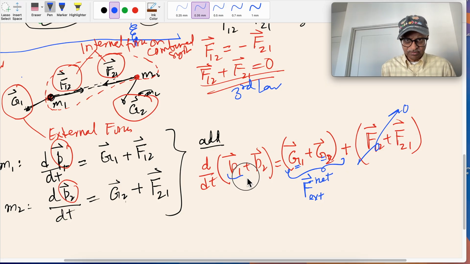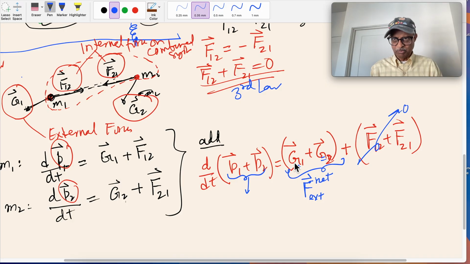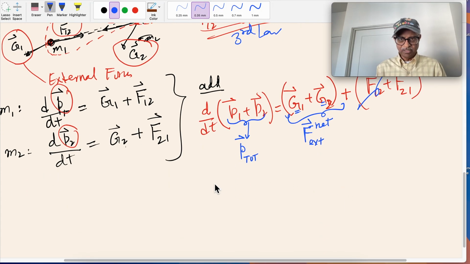And this is just adding up the momentum of each particle, so it's p total vector.